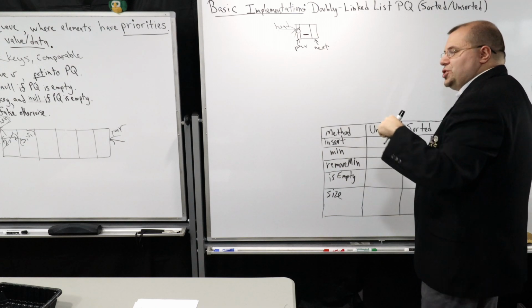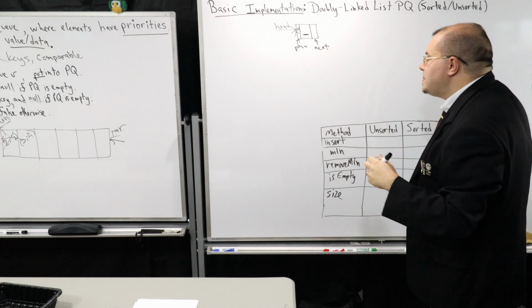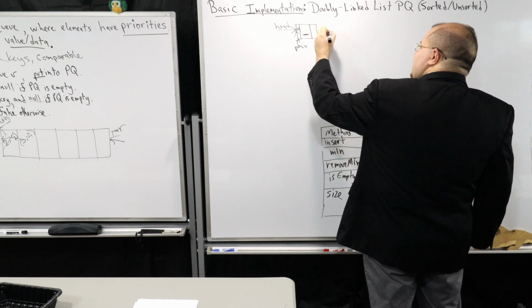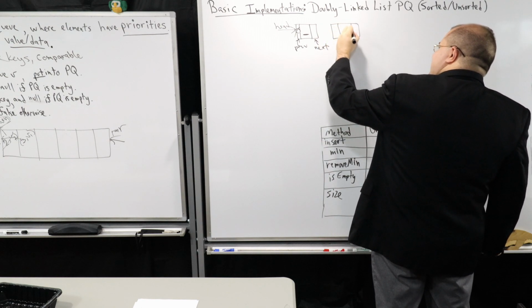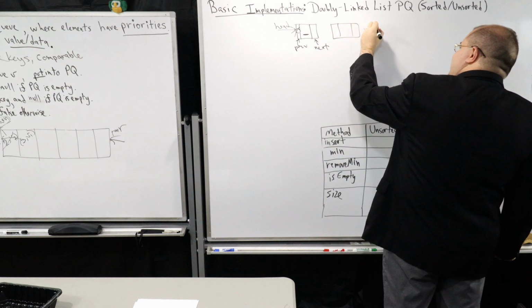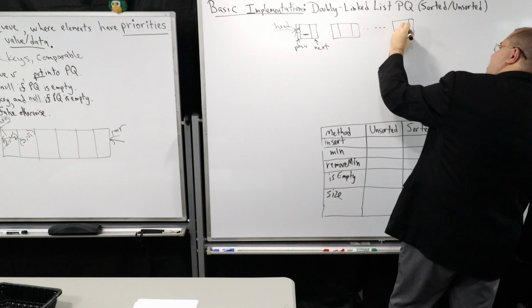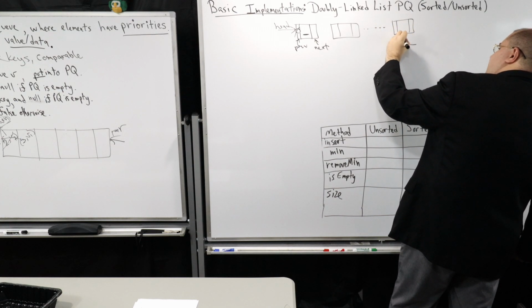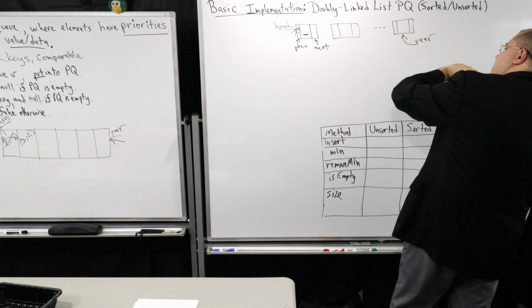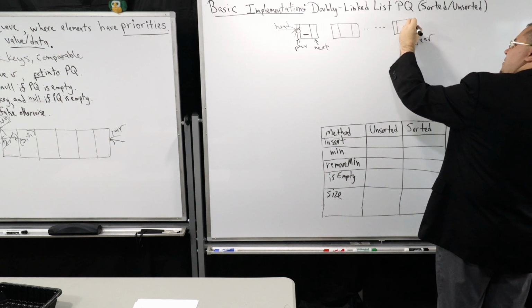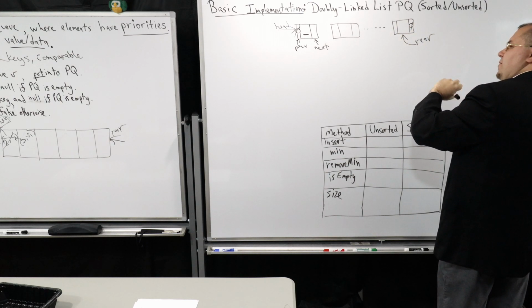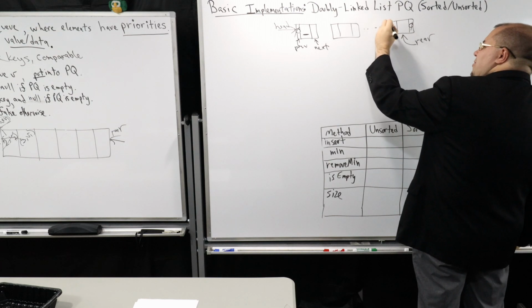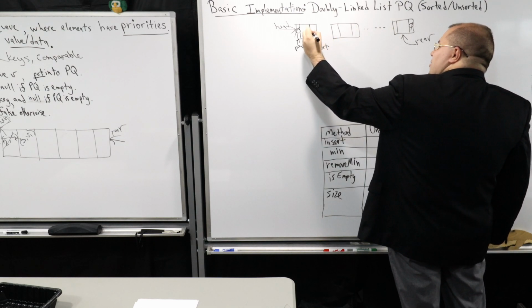This would be where you put your element for the priority queue. And then, of course, you would have more and more of these elements, and so on. And then you'll have a reference to the rear of the doubly linked list.